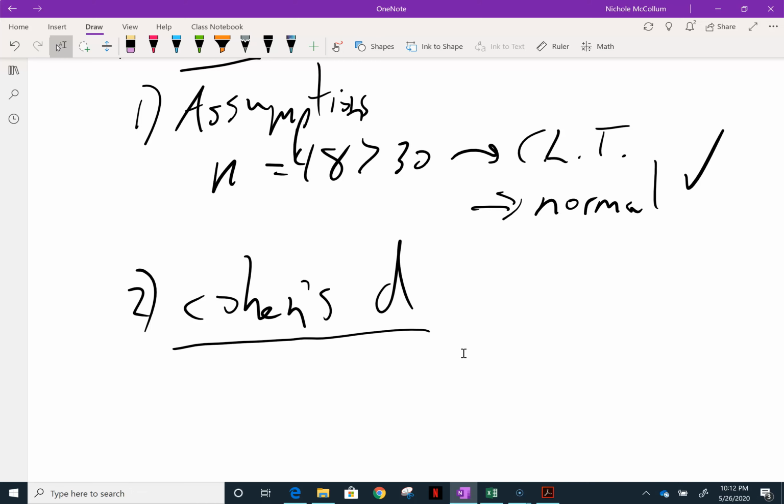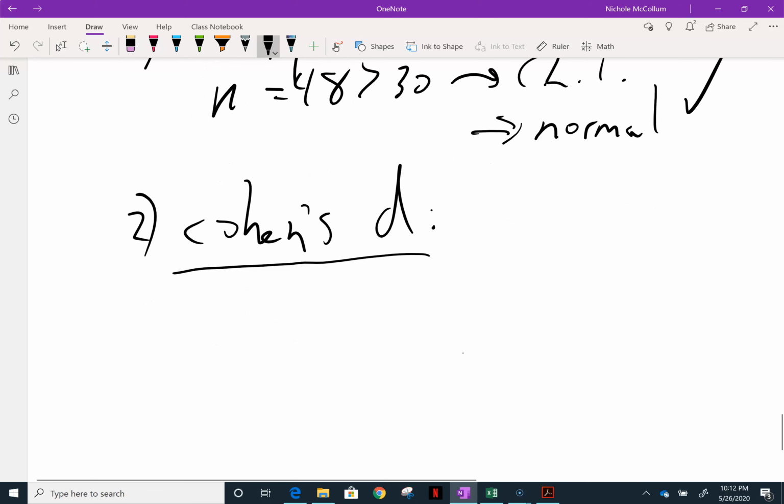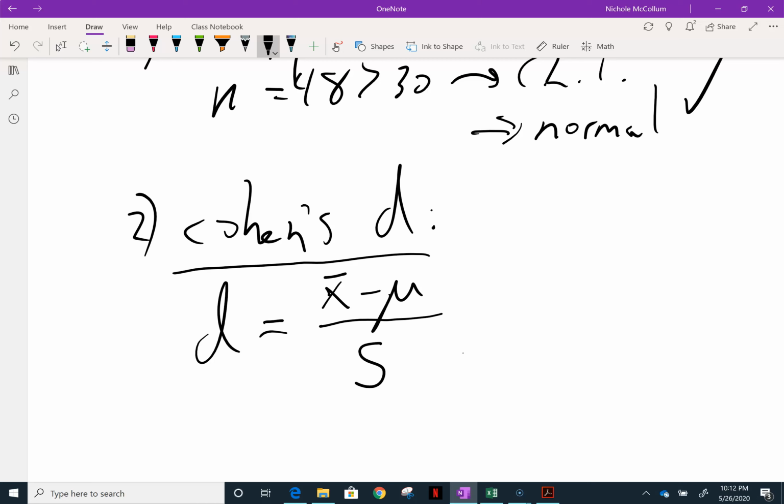So it's always good to say, if you're worried about somebody saying, no, your sample size gave you your answer, you can come back to them and say, no, I checked the Cohen's d measure. What is the Cohen's d measure? Well, it changes based on your hypothesis test. The Cohen's d measure in this case will be x bar minus mu divided by s.